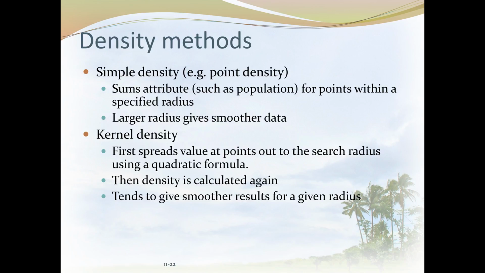so a kernel density function spreads the population value smoothly over a circular area. We did point density, so we didn't have any chance to do any kernel density.